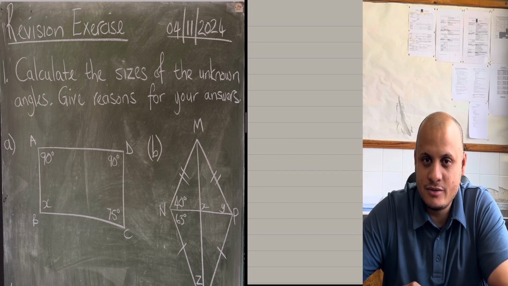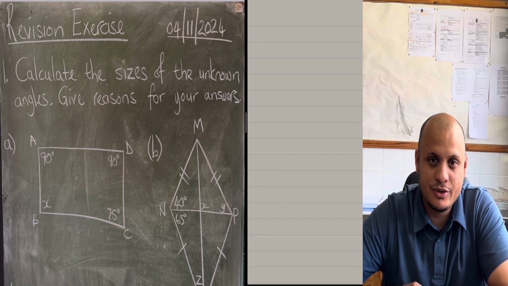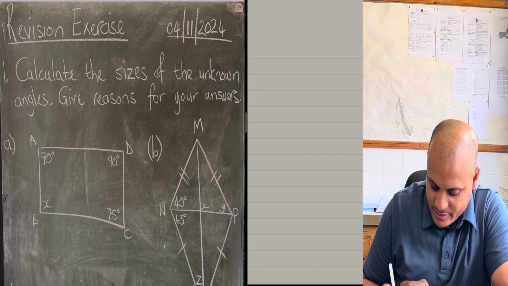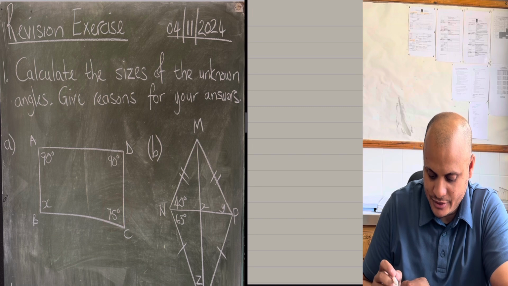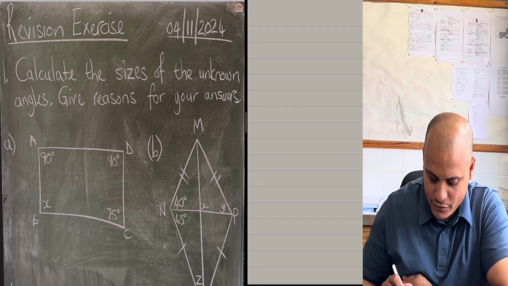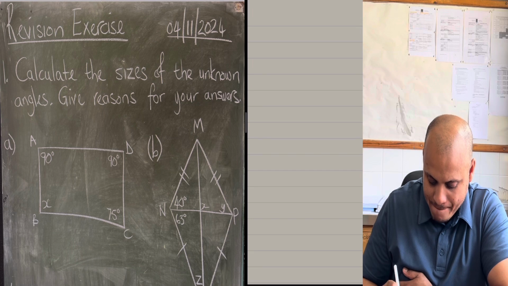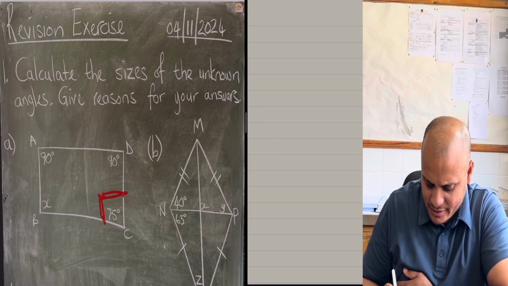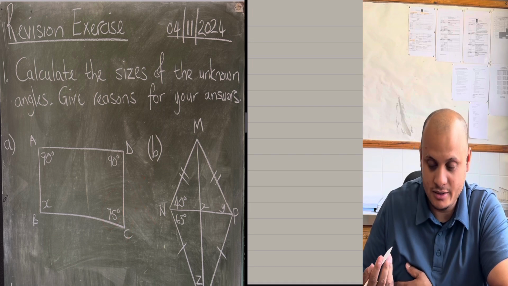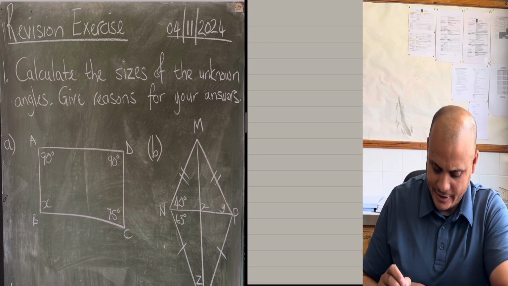There's no evidence to suggest that this is a rectangle, because we've got a 75-degree angle here, which immediately rules it out as a rectangle, because a rectangle is a quadrilateral with all 4 angles being equal to 90. And if one of them is not 90, so I made that there, but that doesn't mean it's 90, because obviously it's 75. So if at least one of them is not 90, it means this is not a rectangle. It immediately disqualifies it as a rectangle.